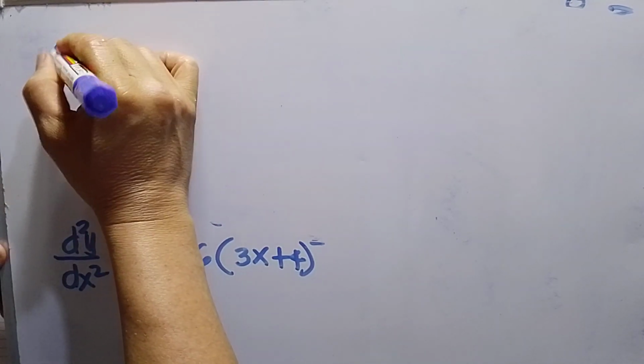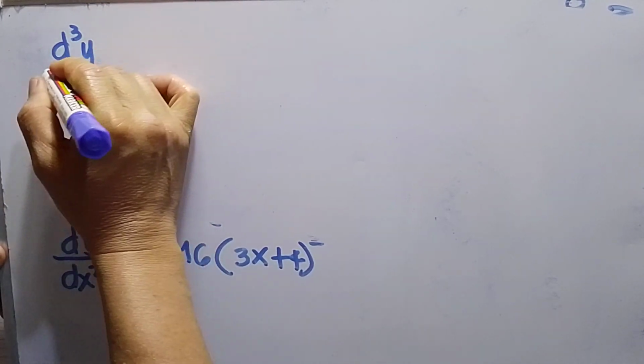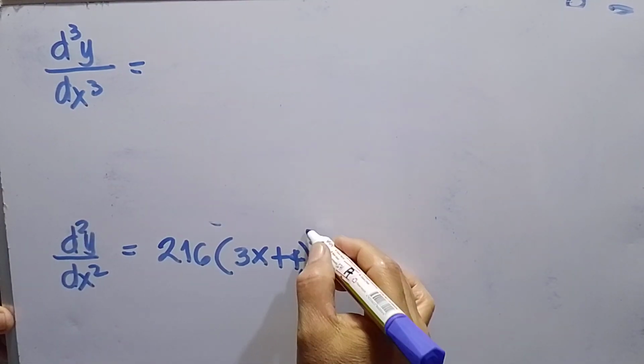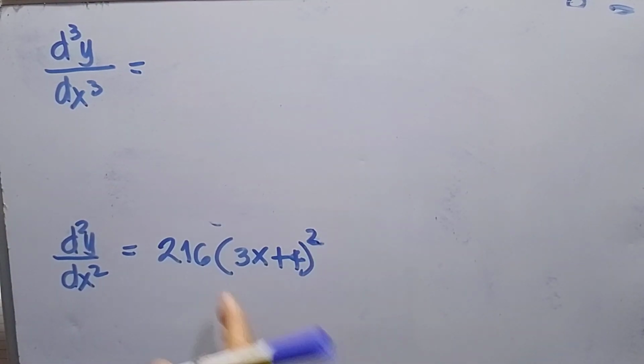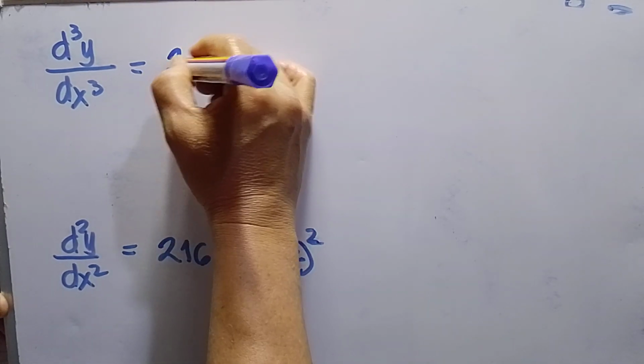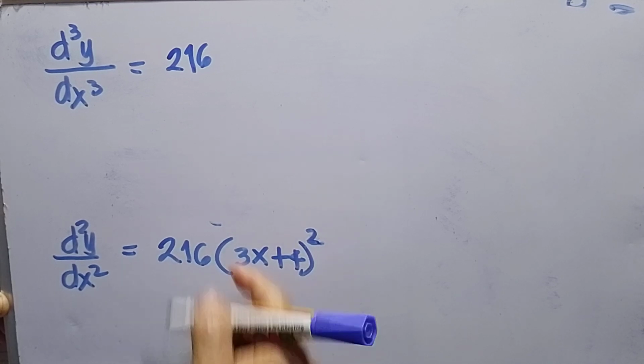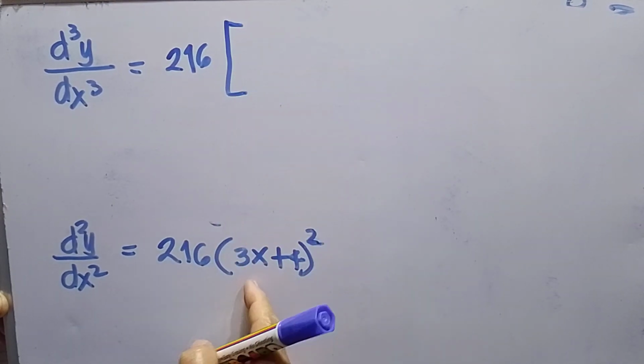Third derivative, d3y over dx cubed. Okay, this is the product rule. So this will be, copy the first, and then differentiate the second.